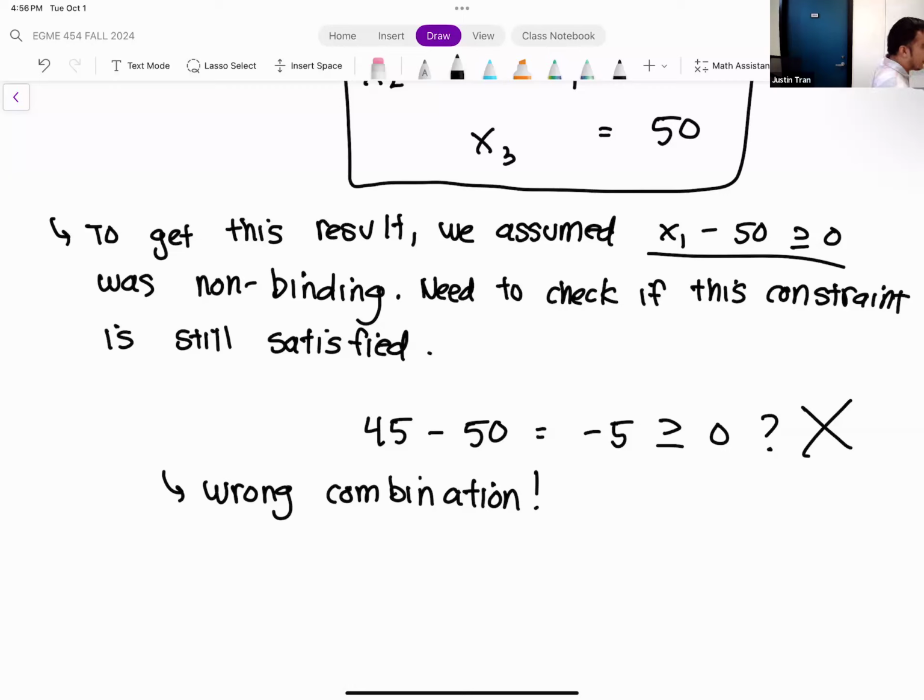So usually when you have one constraint that you relaxed and it didn't work out, you should make that one binding in the next try. So in our next try, we should make the first constraint binding.